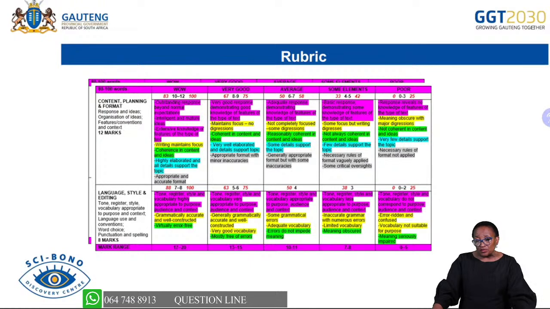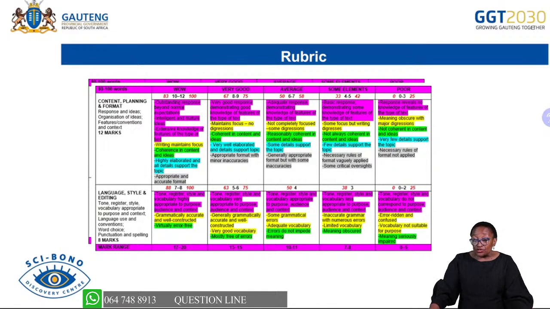Let's take, for example, the first category there, which in many cases is referred to as the wow category or the exceptional category. That category carries marks from 10 to 12. So if you are given a 10 out of 12, or 11 out of 12, or even a 12 out of 12, that is attainable, by the way.